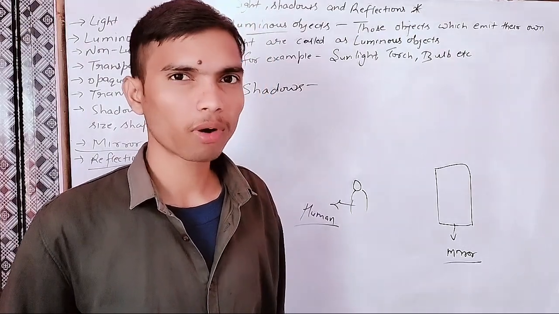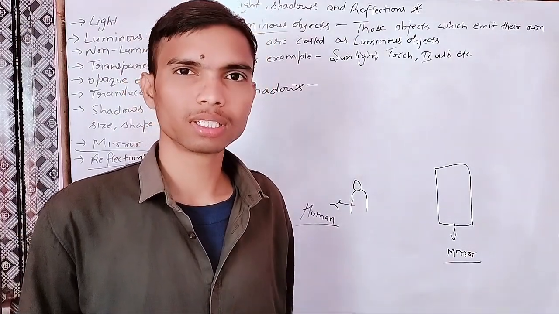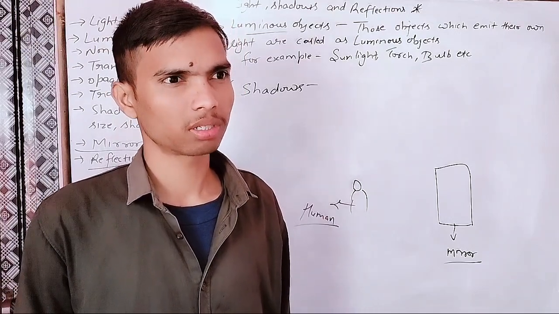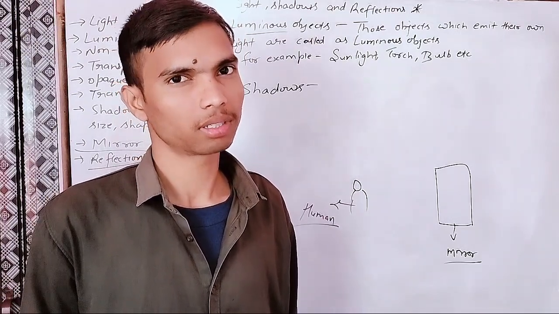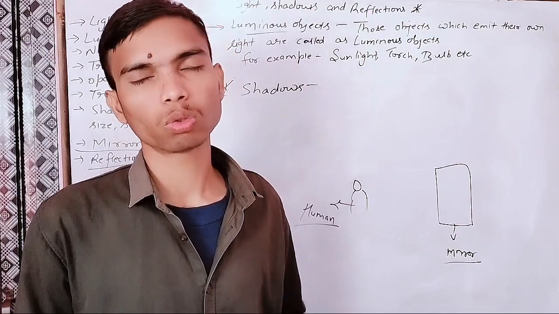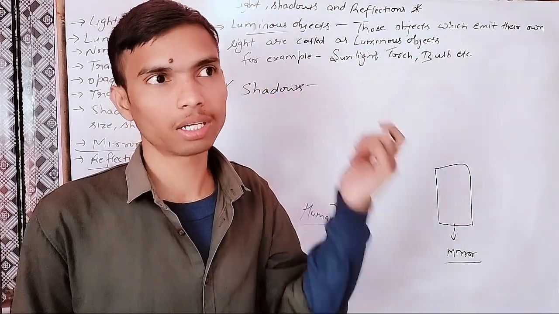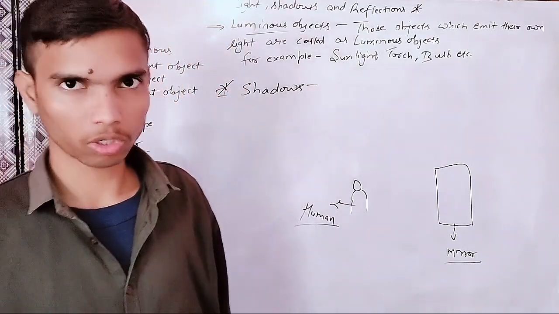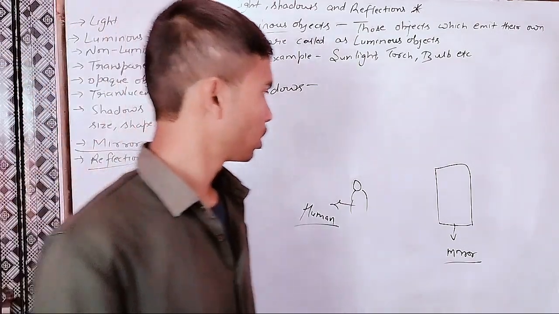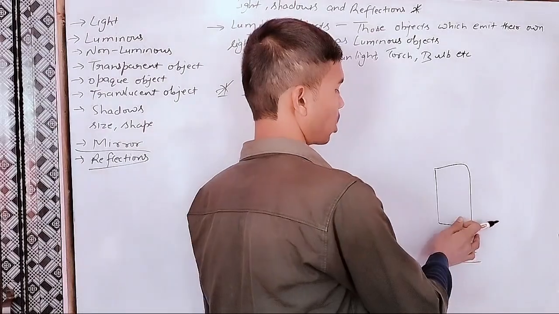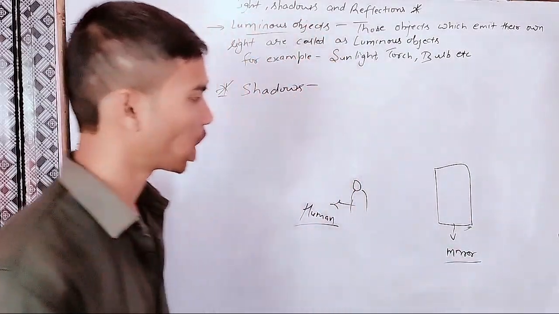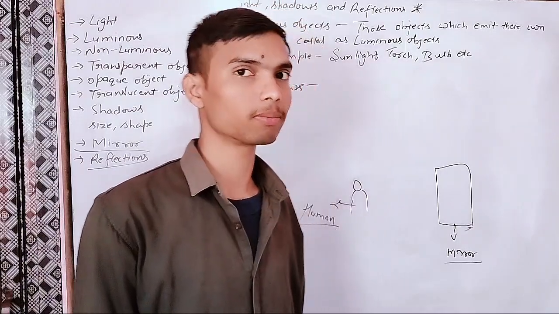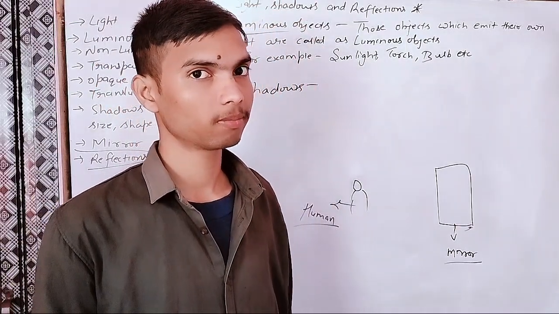Which type of object is this mirror: transparent, translucent, or opaque? Most of you would say a mirror is an opaque object. So how can we prove that this mirror is an opaque object?